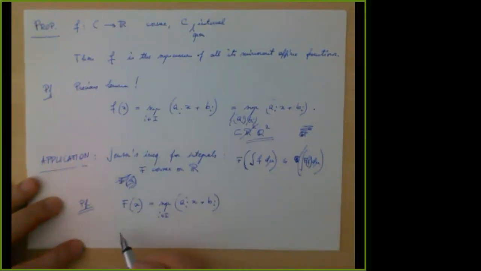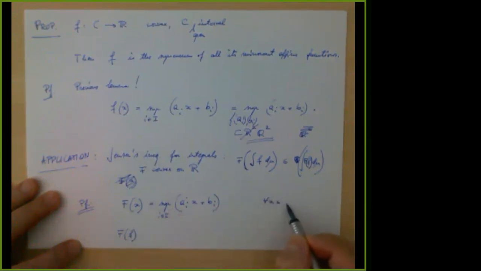This means that if we apply this identity pointwise, we have that f of the integral of f, so this is true for all x real, is larger or equal than a_i times the integral of f plus b_i, for the function that we are looking at.